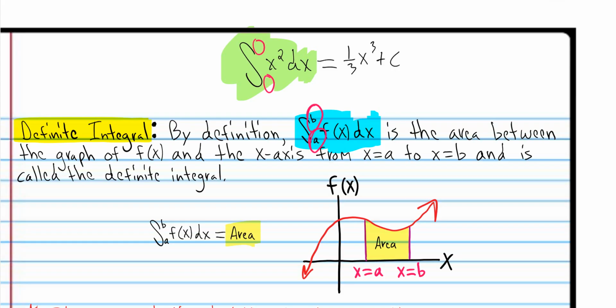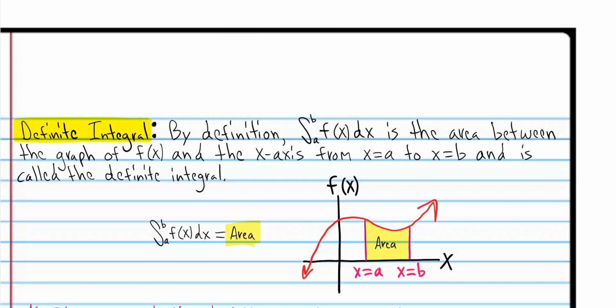Because the definite integral, the blue expression, is just a number. The indefinite integral, like I said, is an expression with all kinds of unknowns. It's indefinite. But the definite integral is just an area. It's a number. Okay, so that's why they call it definite, is because it's a definite number.